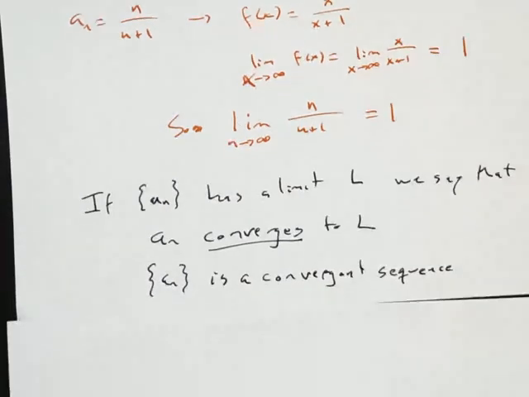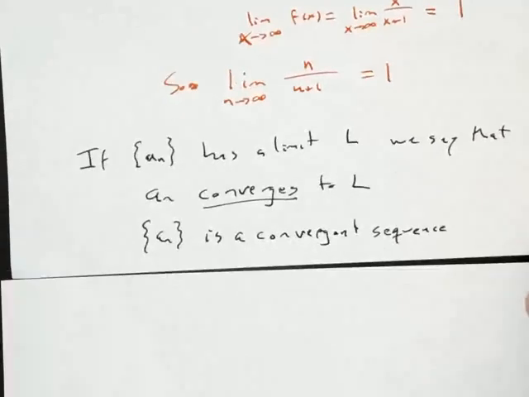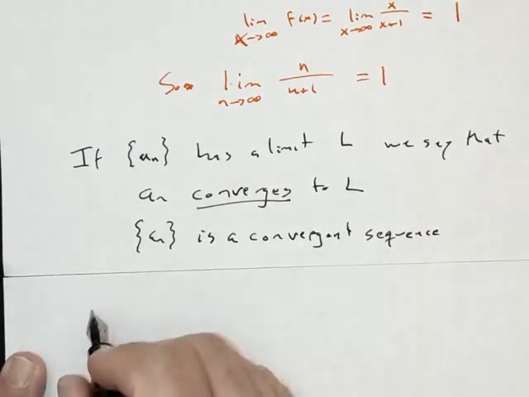If this limit is infinity, or if the limit doesn't exist, then we say we have a divergent sequence.